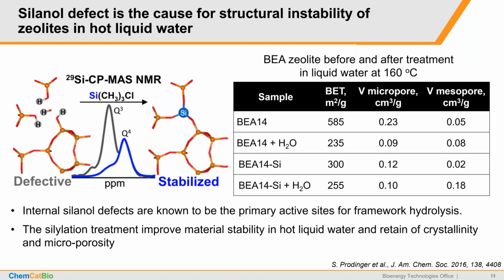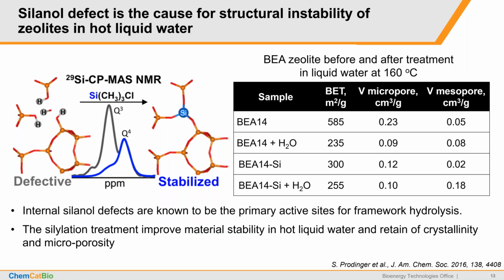Further extensive study showed that this kind of deconstruction is because of silanol defect sites in the zeolite. As shown in this table, after we treat the zeolite with silylation, as shown on the left-hand side, NMR showed that we actually removed those silanol defect sites from the zeolite.